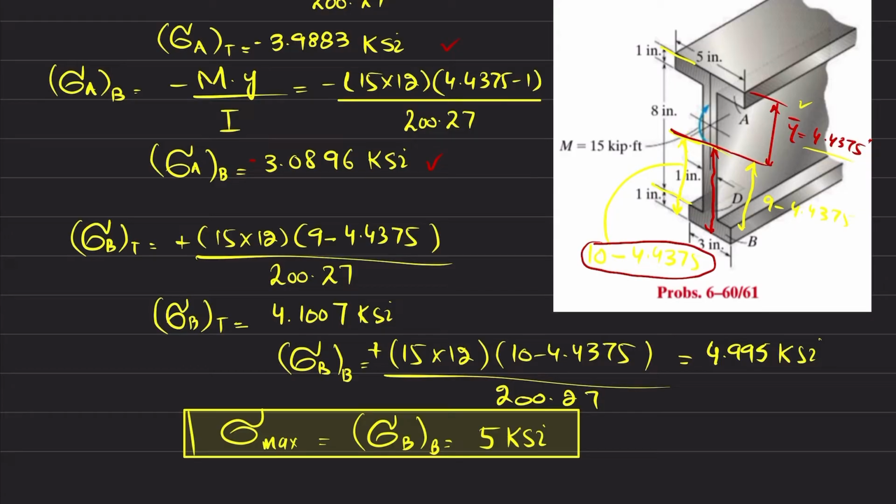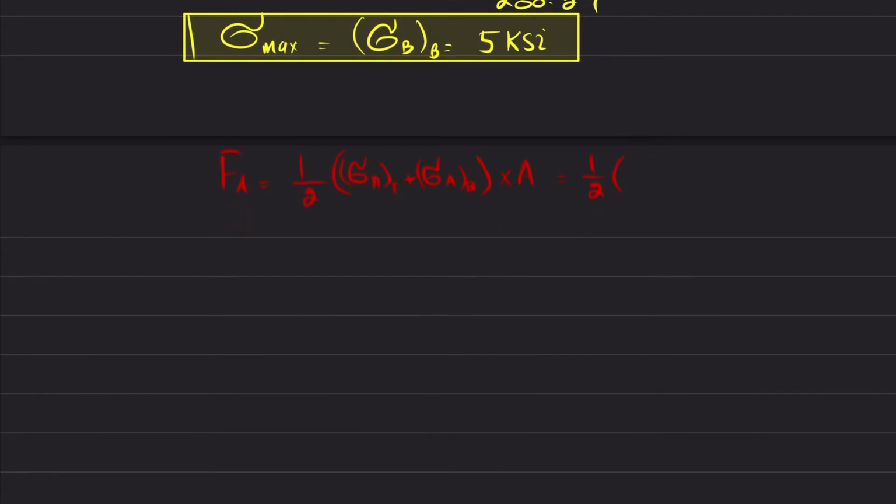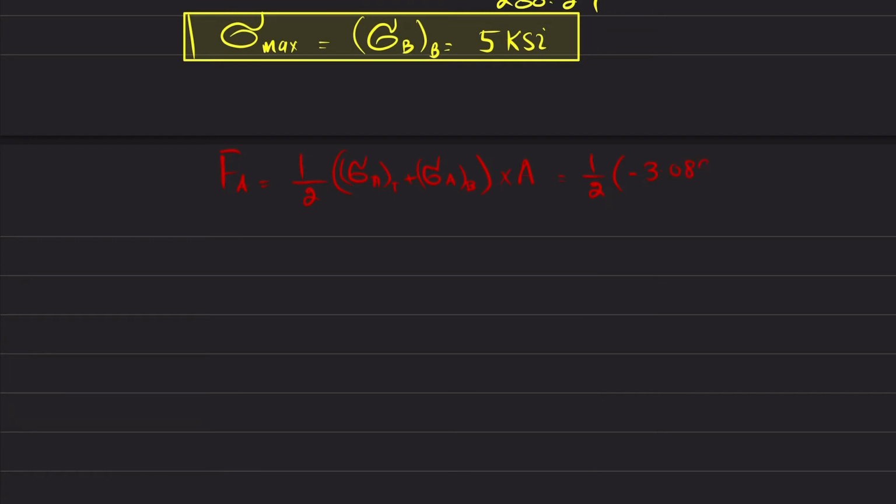They both are negative, and this area is this one. Clear? So I will write minus 3.0896 plus again minus 3.9883, multiplied by area, which is 1 multiplied by 5. So when you calculate it, you will get force F is minus 17.7 kips. Clear? So this will be in compression.